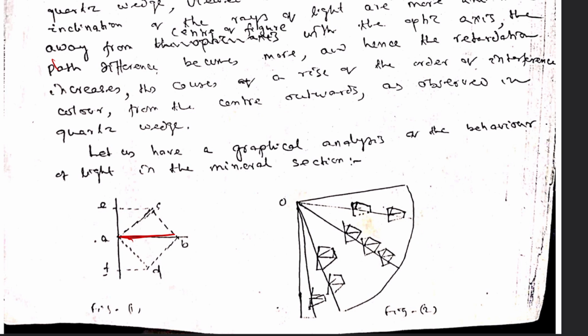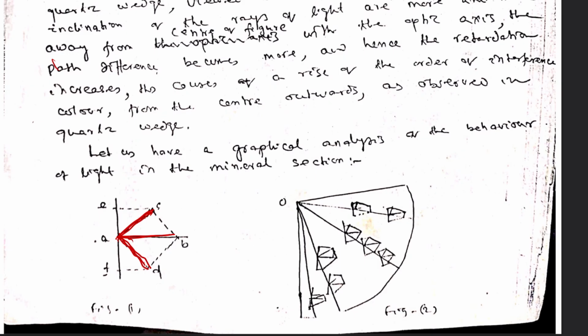When it passes through the mineral section, it suffers double refraction. Two rays are being produced when they pass through the mineral section.